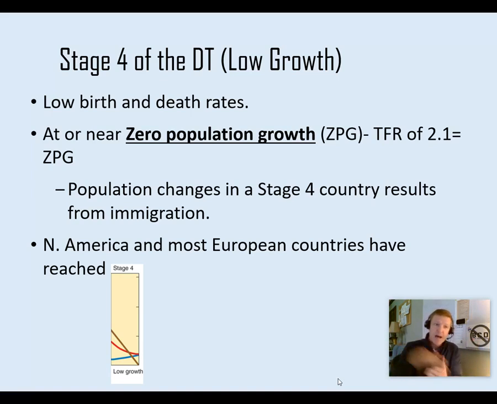That would be zero population growth. The 0.1 comes for every girl that doesn't reach childbearing years. North America and Europe are in stage 4 of the demographic transition. Japan is in stage 4. Australia is in stage 4.